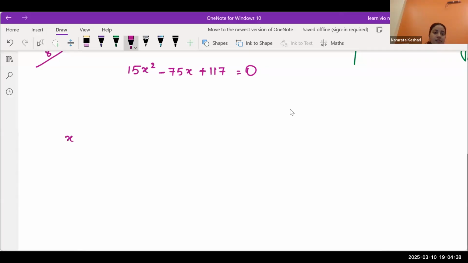Another question, Rayyan. You are going to check it and you will be telling me whether it is quadratic or not. Is it quadratic?